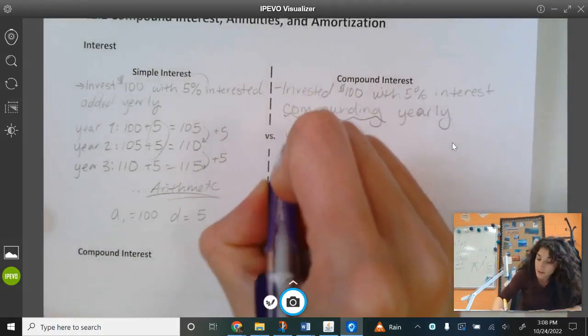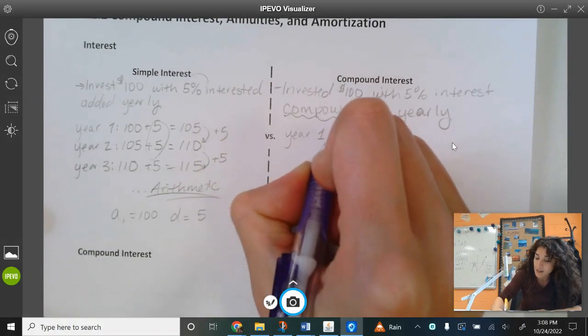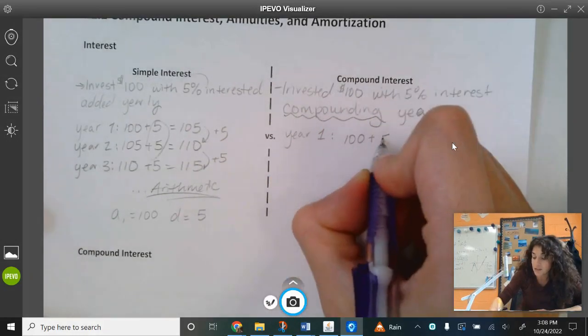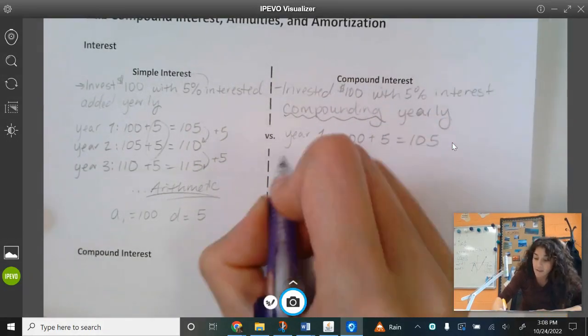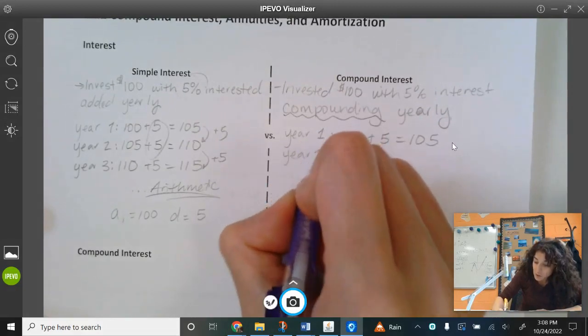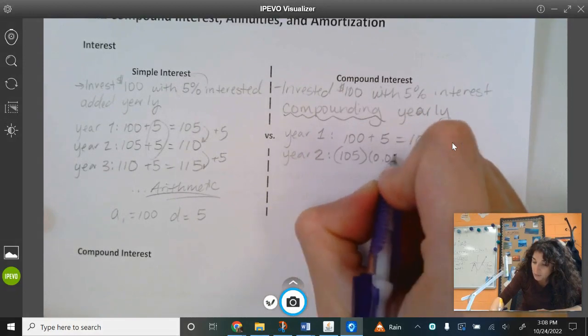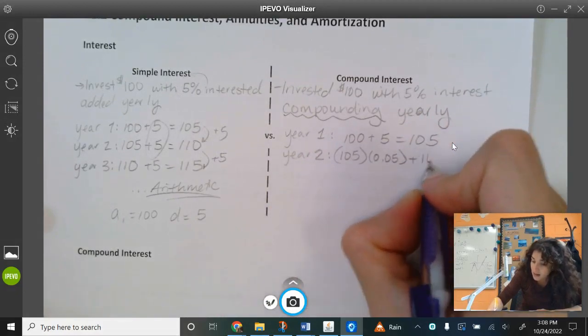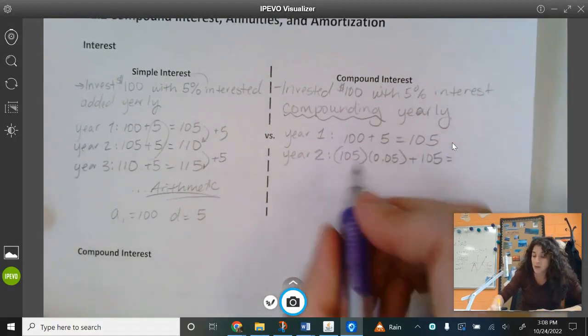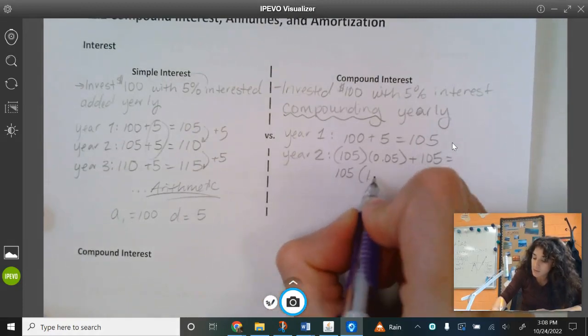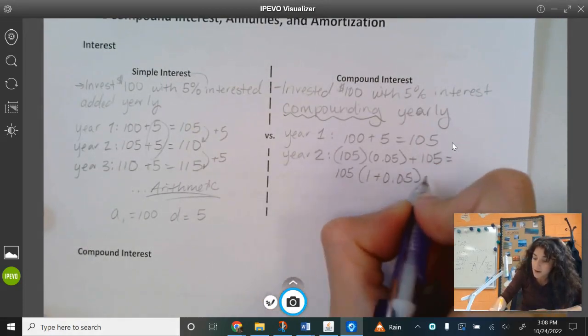So you would do year one is 100 plus 5%, so 105, yes, but then year two is 105 times 5% plus 105, right? In other words, 105 times 1 plus 0.05.